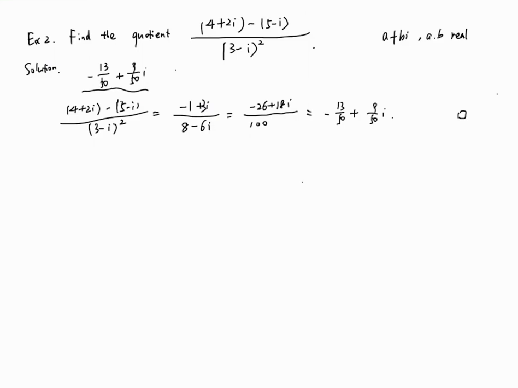section, the first section, which is the introduction or concept of complex numbers. Then we will go to section 2, which is the point representation of complex numbers. So what's the meaning of point representation?